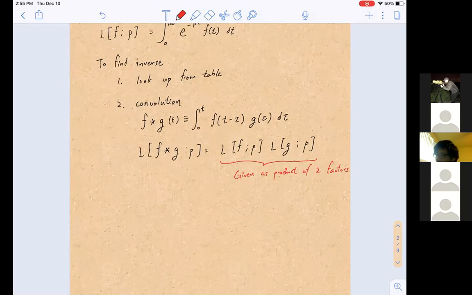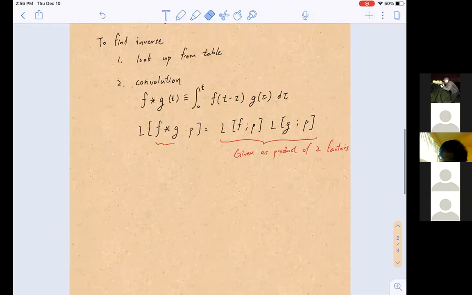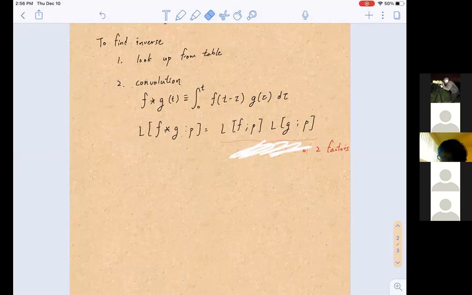You know the inverse transform of each factor. So then the inverse Laplace transform of the whole thing is the convolution of f and g. So that's nice. And then another technique that you would use is partial fractions.